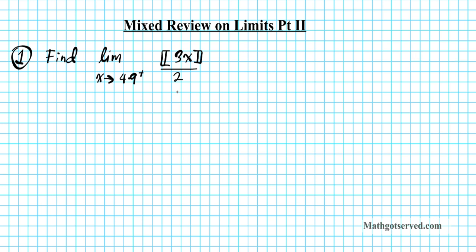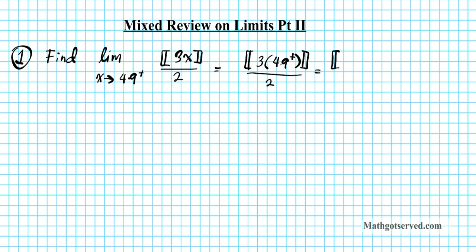In this problem, we don't have any issues with direct substitution of the value that x is approaching into the function. So we can just go ahead and substitute it. We're going to have the floor, our greatest integer, of 3 times 4.9 from the right, divided by 2. Then simplifying further, we'll multiply 3 by 4.9.